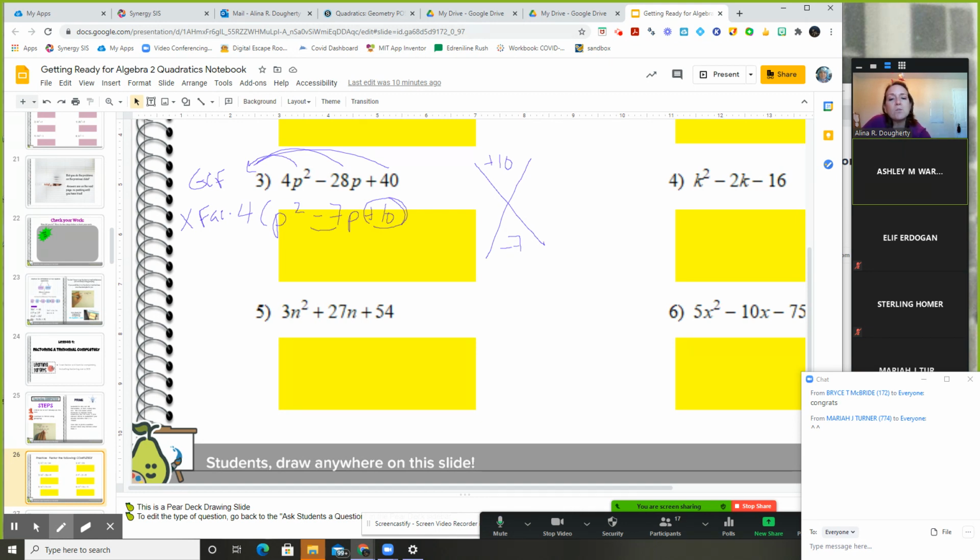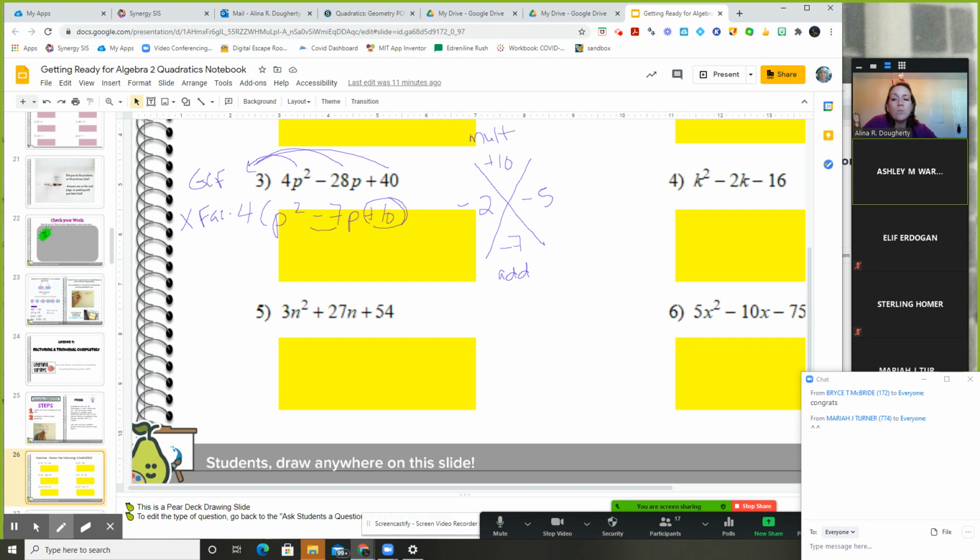So my question is, what will multiply to 10 and add to negative 7? What are the factors of 10 that will add up to negative 7? Absolutely. I heard negative 5 and negative 2 and negative 2 and negative 5. It doesn't matter which side you put them on.